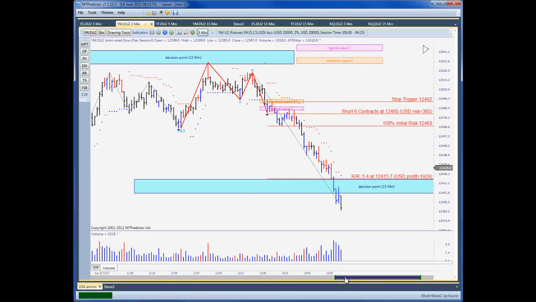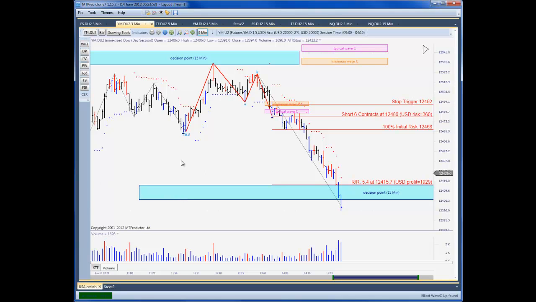So this is the setup I'm suggesting for the advanced traders among you: if you get an ABC pattern, in and around an automatic setup that's unfolding at the typical wave C, that's important, typical, not the minimum, and again this is the important point as well, that the 15-minute trend was suggesting that the original setup was going to fail.